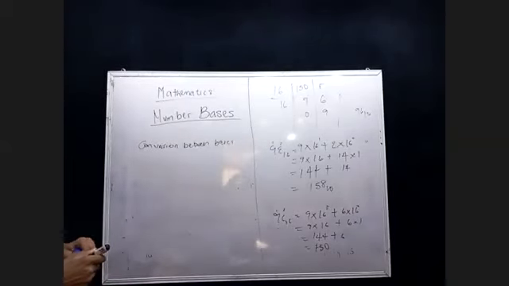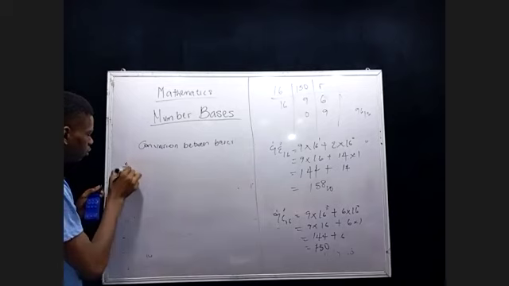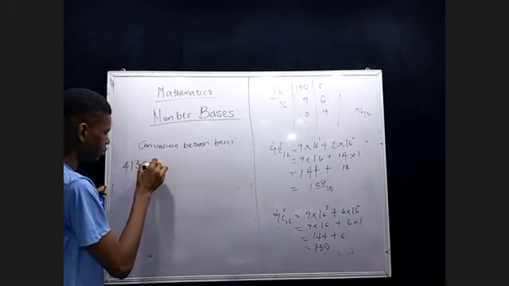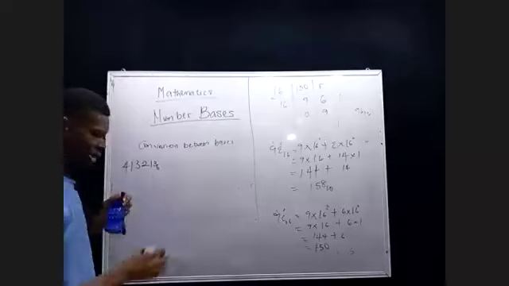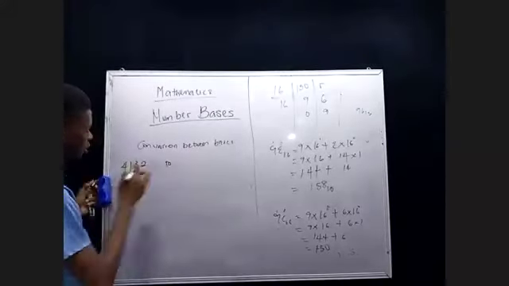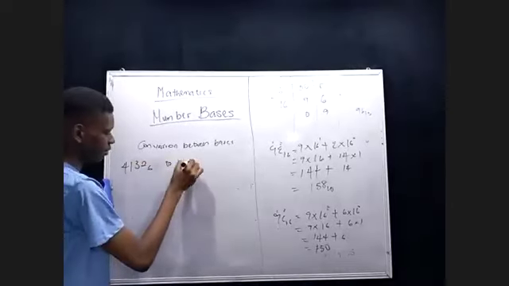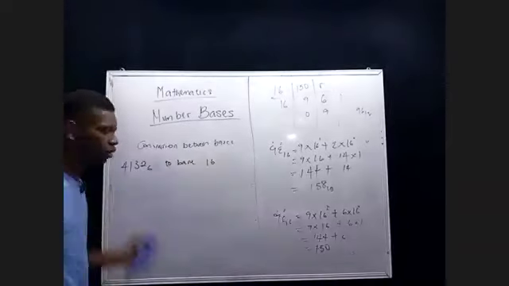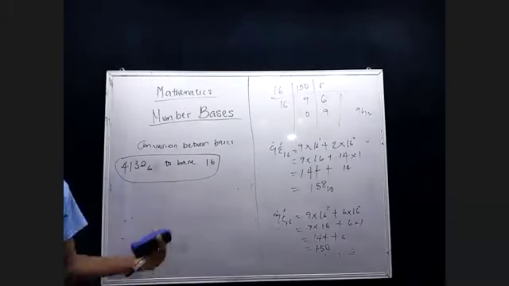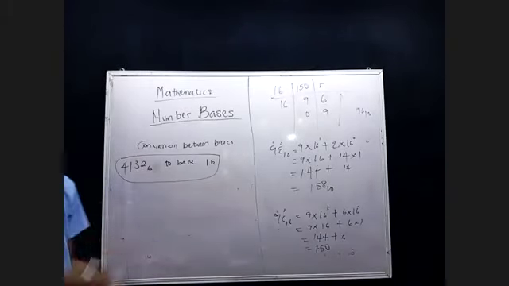So I say I have 4, 1, 3, 2, 1, 3 in base 6 converts to base 16. All right. So this is the exercise. You have 3 minutes to do this. You have 4, 1, 3, 2 in base 6.